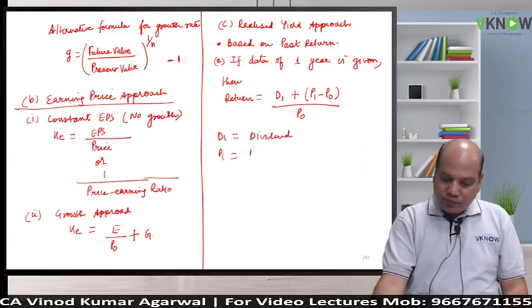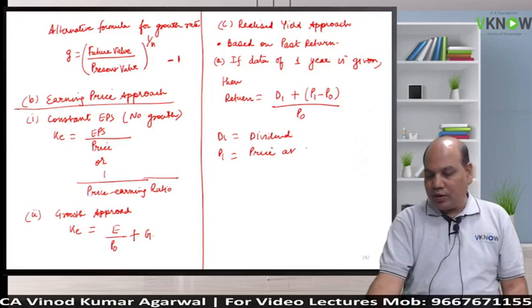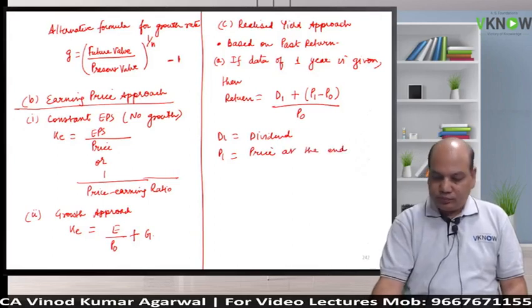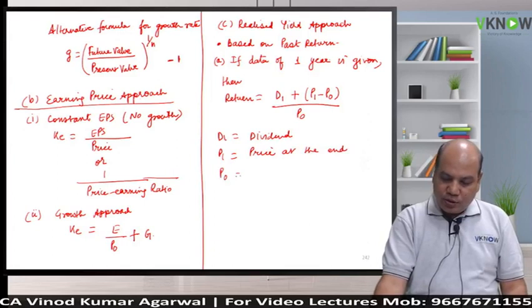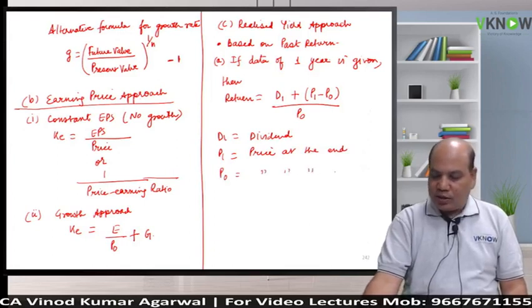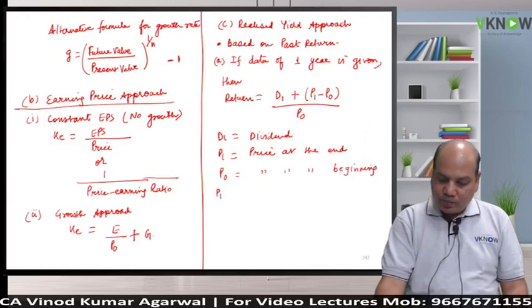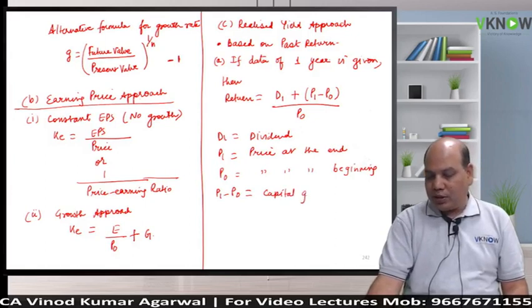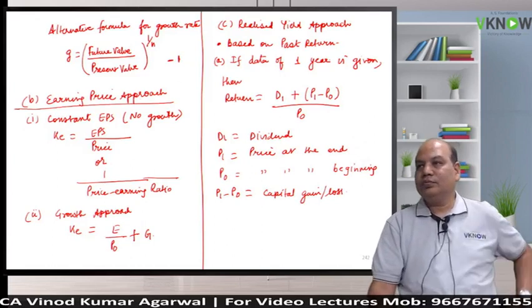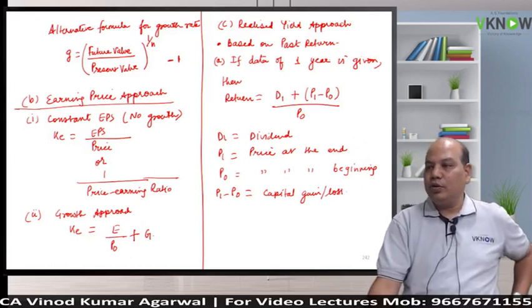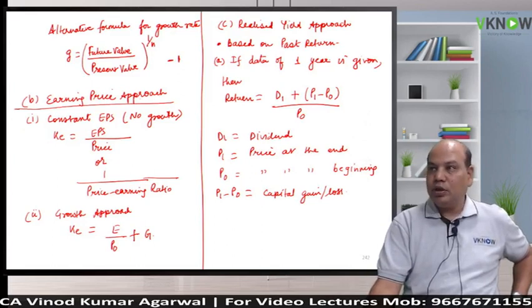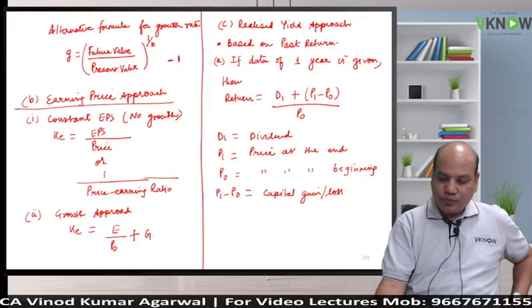P1 means price at the end, and P0 means price at the beginning. P1 minus P0 is capital gain or loss. So return comes in two form, one in the form of dividend, one in the form of capital gain or loss. Okay.